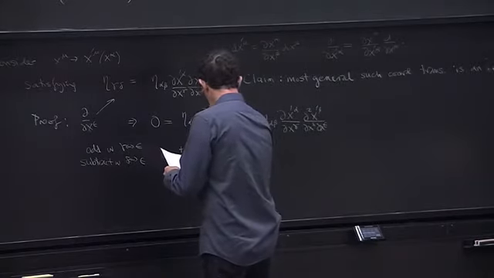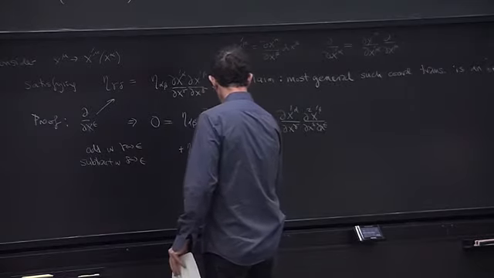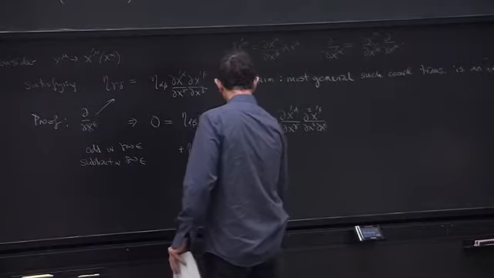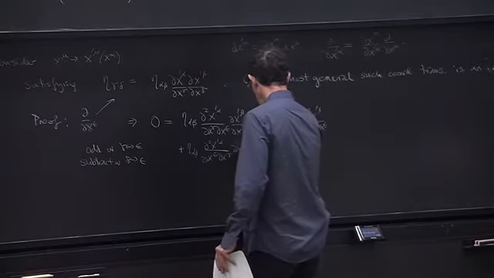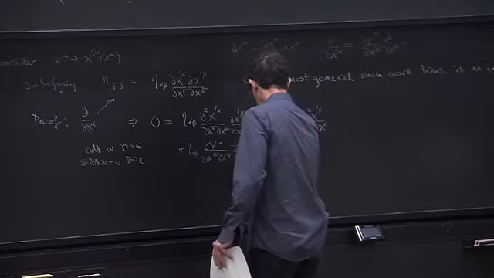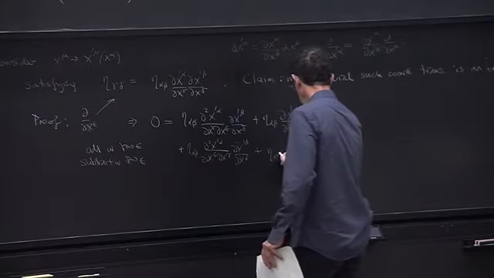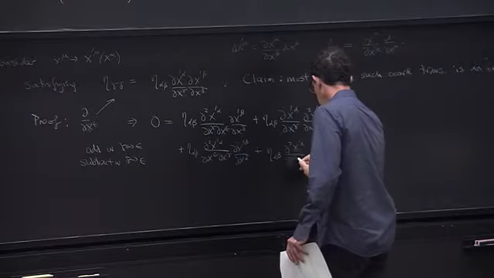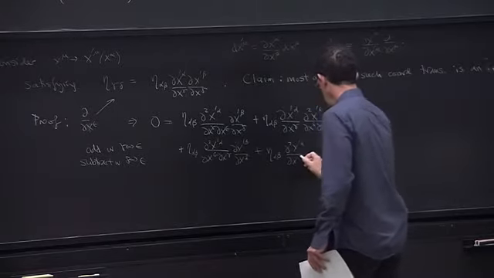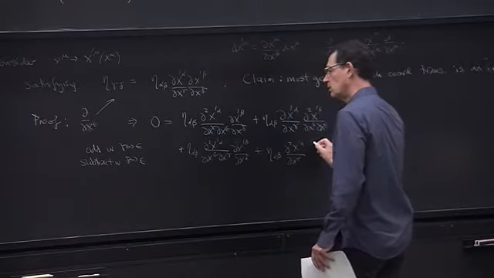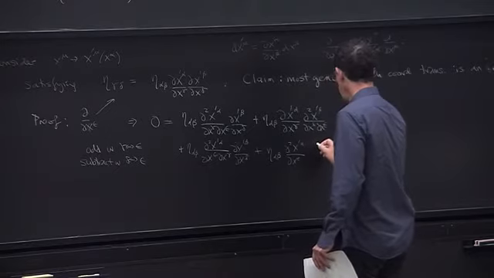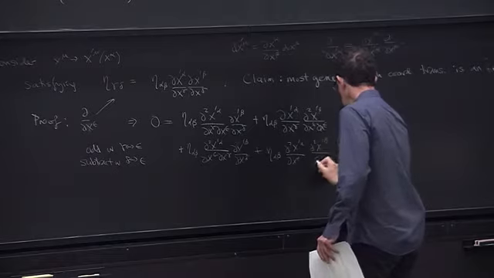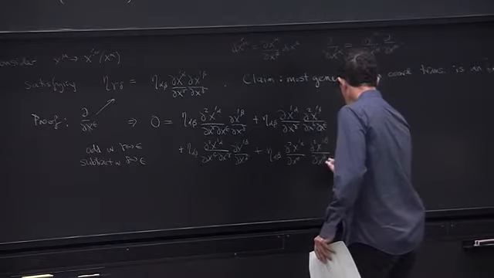Eta alpha beta d2 x prime alpha dx epsilon dx gamma dx prime beta dx delta plus eta alpha beta d2x prime alpha dx epsilon d2 x prime beta dx delta dx gamma.